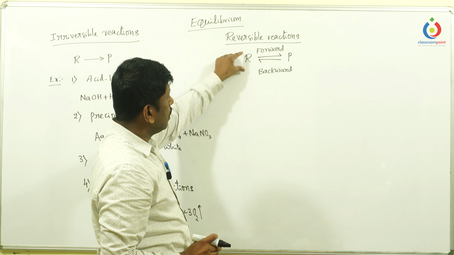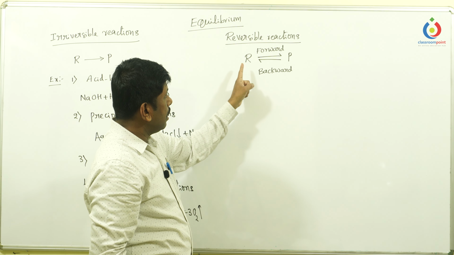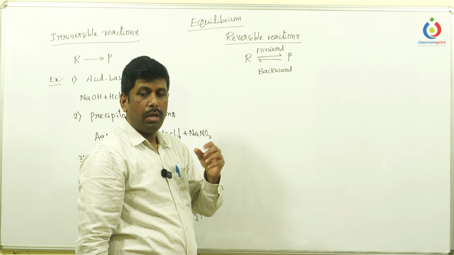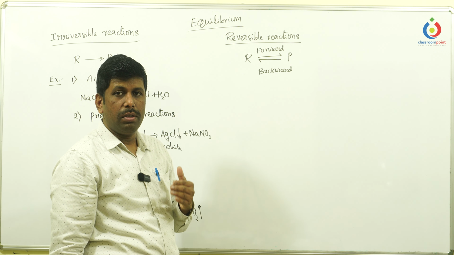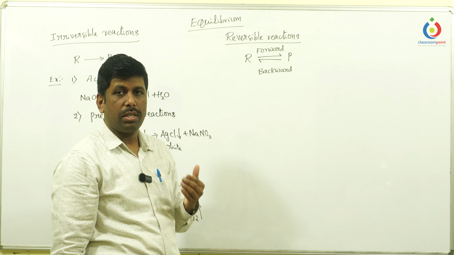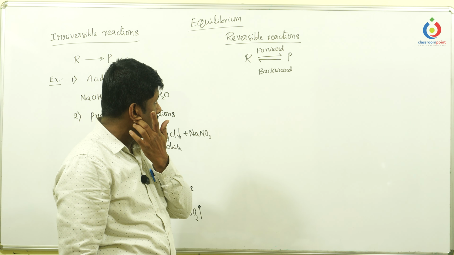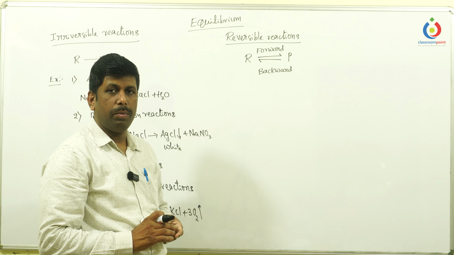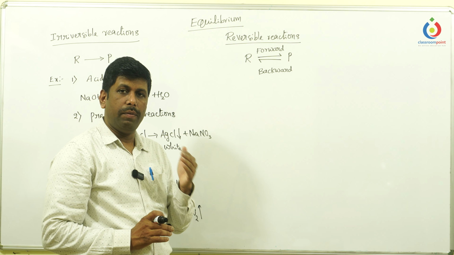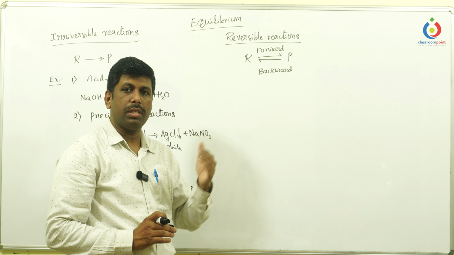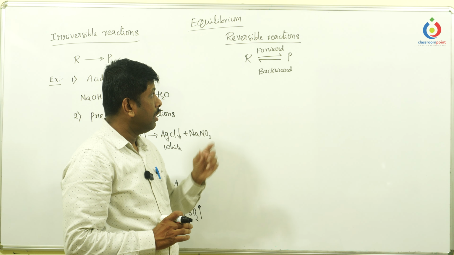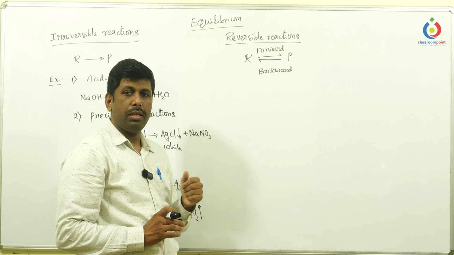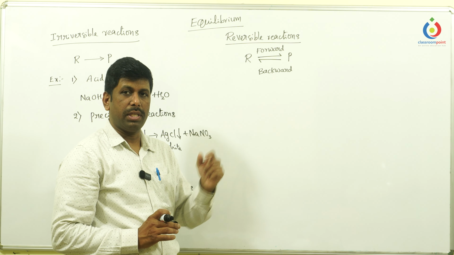The rate of conversion means how many reactant molecules are converting into the products in a given time. Example, if you take 100 reactant molecules, and every 1 second 10 reactant molecules are converted into the product, then the rate of forward reaction is 10 molecules per second.